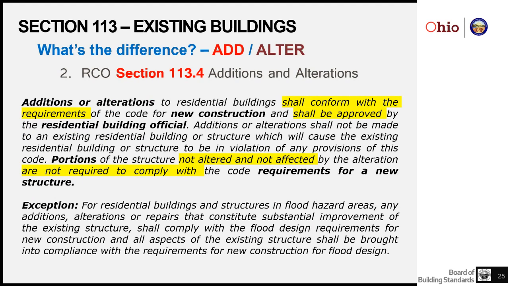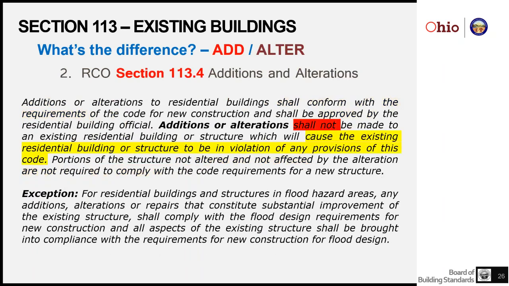Sandwiched in the middle is that if you are performing additions and alterations, this is saying what that addition and alteration can't do. It can't cause that existing structure to be in violation of any provisions of the code. So it was approved as safe and sanitary.